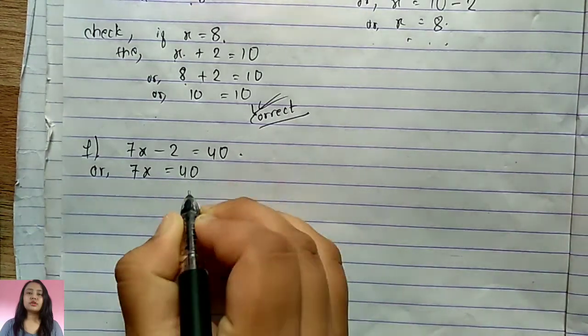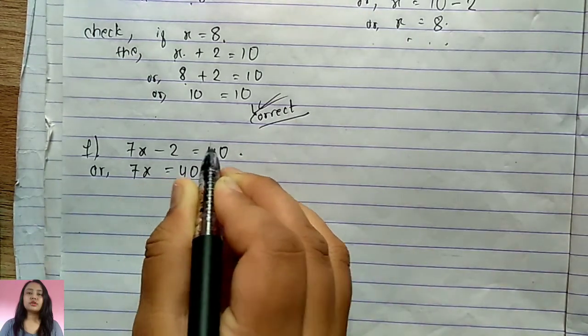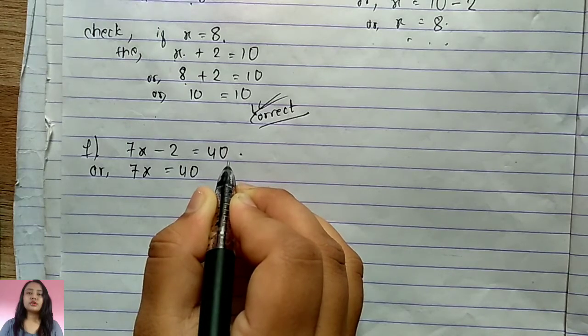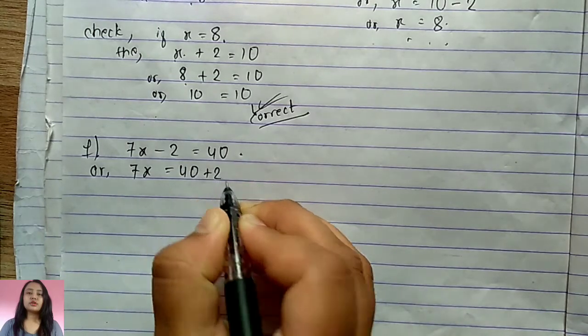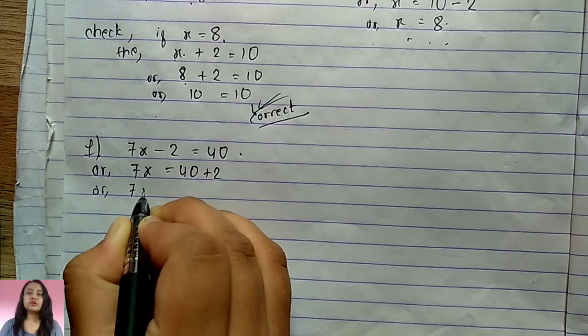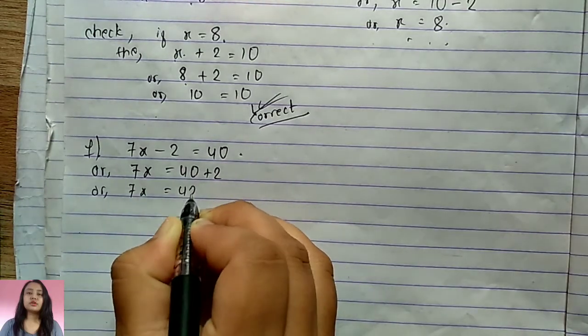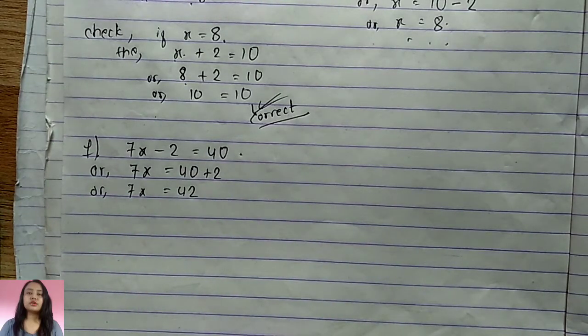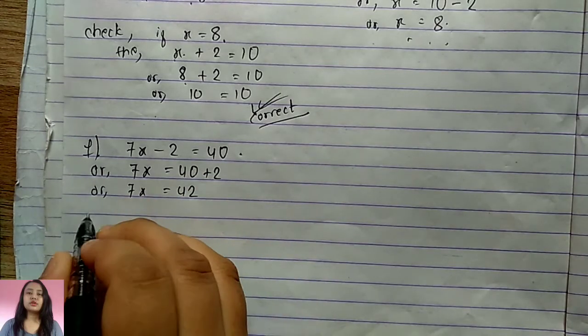So here is 40 only. When this minus 2 shifts to the other side, what will it become? Yes, you're correct, it's plus 2, so 7x equals 42. Now we have the division rule, rule 4. You can use rule 4 and divide by 7, but I'm doing it directly.